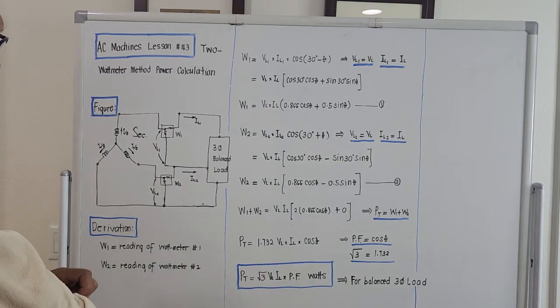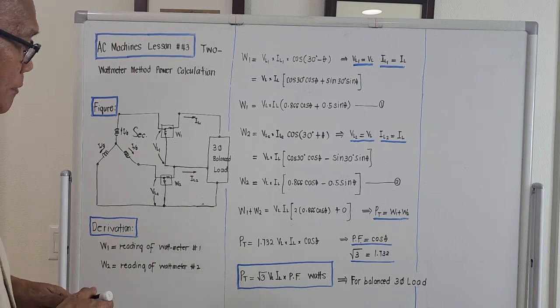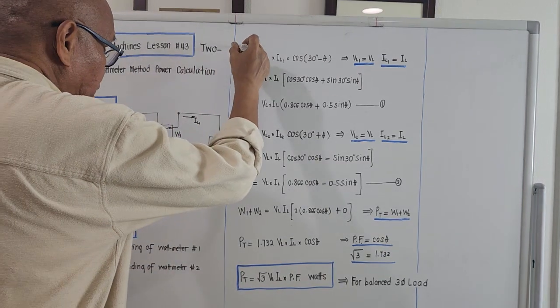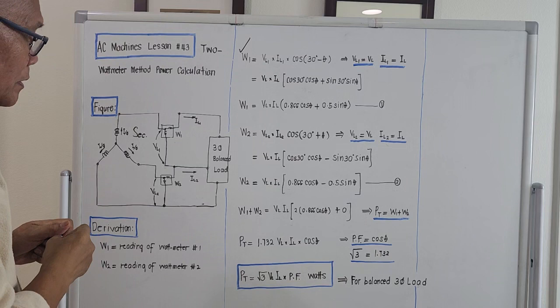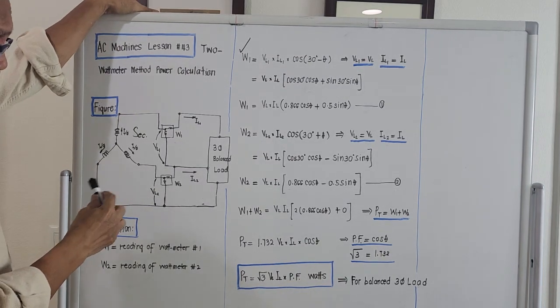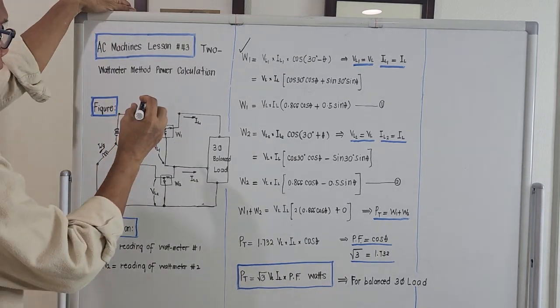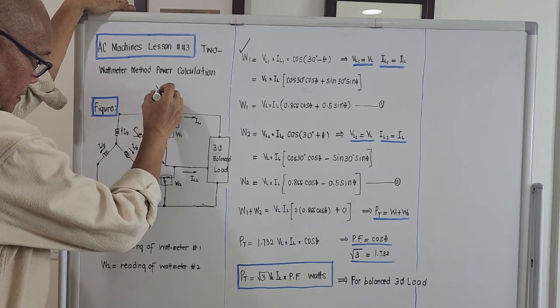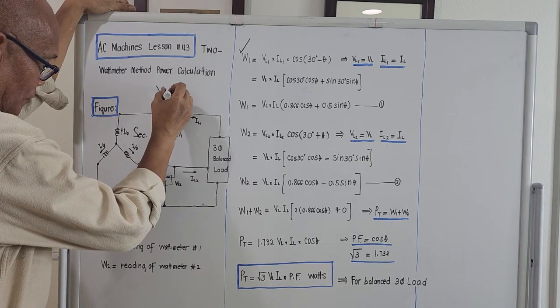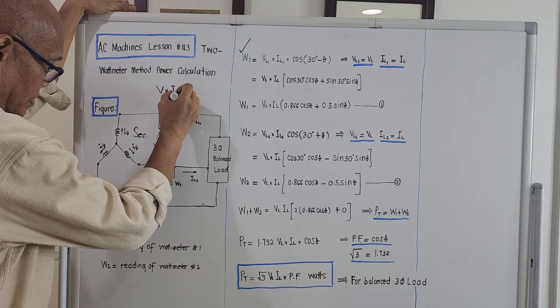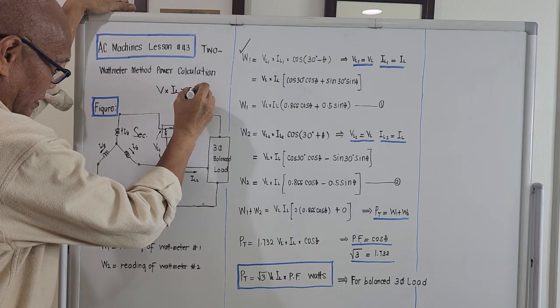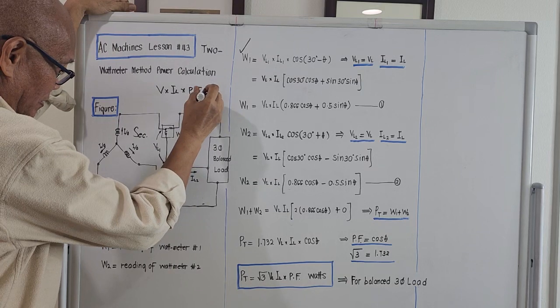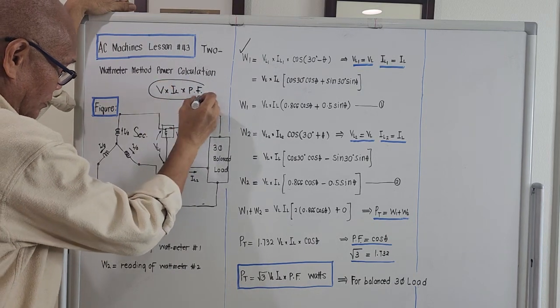Let's try to bring out the derivation. For wattmeter number 1, the reading should be the product of voltage and current times power factor. This is a general equation.